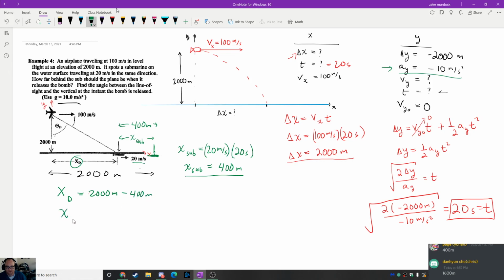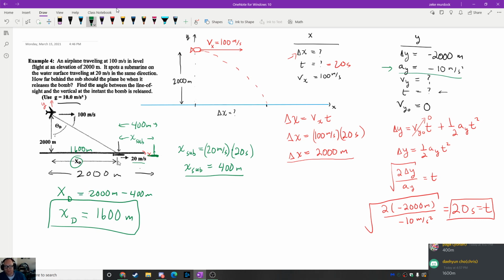So the answer is you need to drop the bomb when the airplane is 1,600 meters away. That's when you're going to drop the bomb.